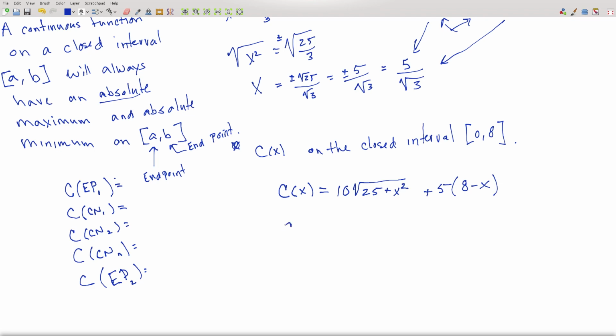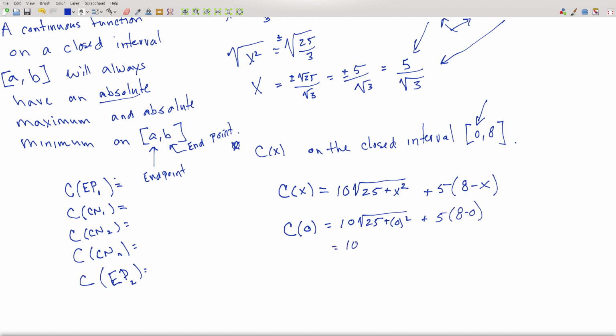So first, I evaluate this function at the first endpoint, 0. So C of 0 is 10 times the square root of 25 plus 0 squared plus 5 times 8 minus 0.